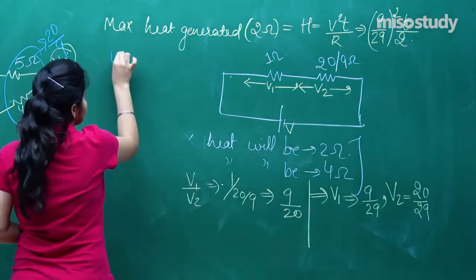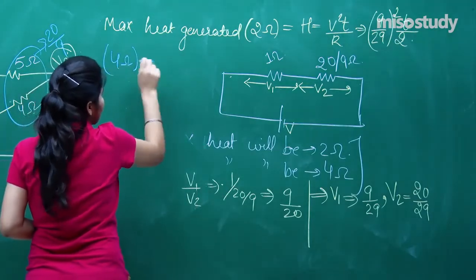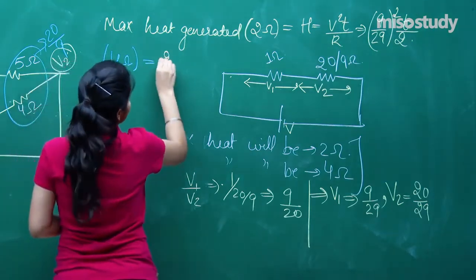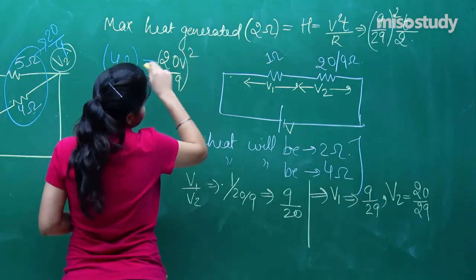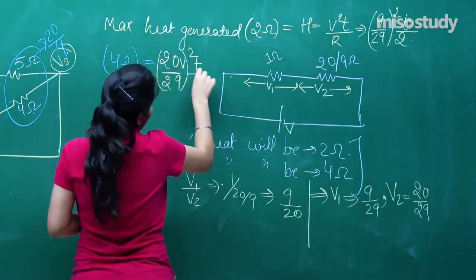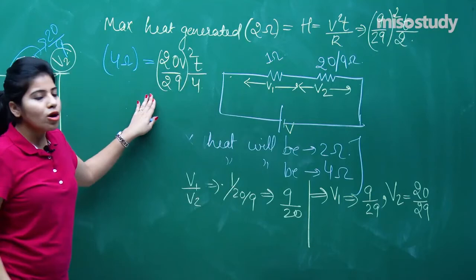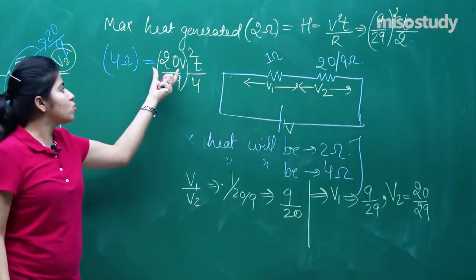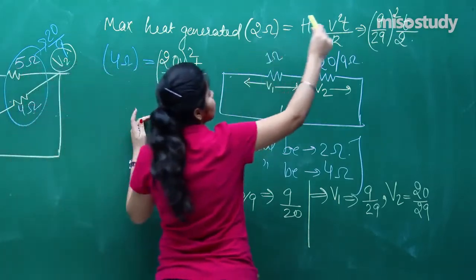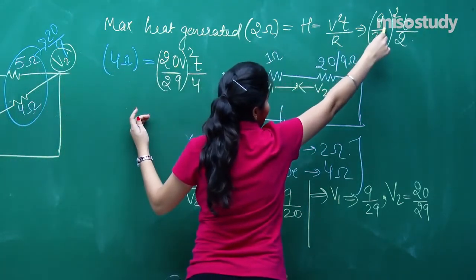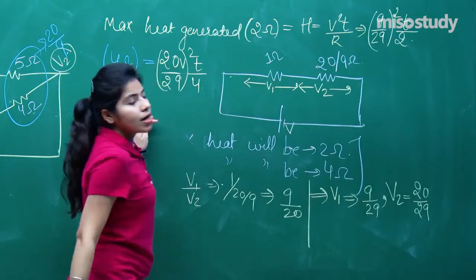If I talk about the heat generated across the 4 ohm resistance, that will be 20 by 29 whole square T by R, where R is 4. Now you can see easily that the square of 20 will be 400, and the square of 9 over here will be 81.